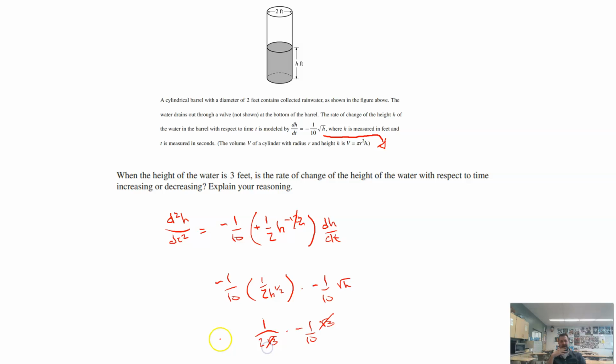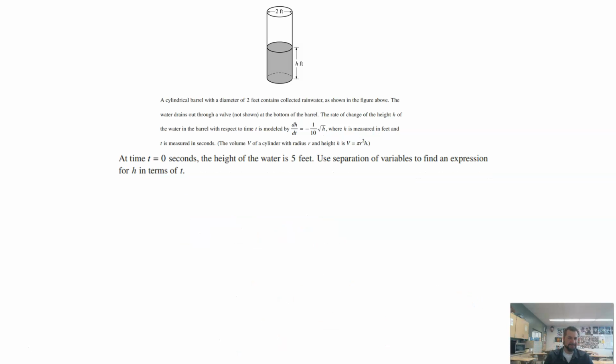Those cancel out, times -1/10. You don't need to know that, you just need to know whether it's negative or positive. I get a positive number, it's actually 1/200. Because that number is positive, that means the rate is increasing at that time. Again, that one's a little bit tricky, but that's how we do it.